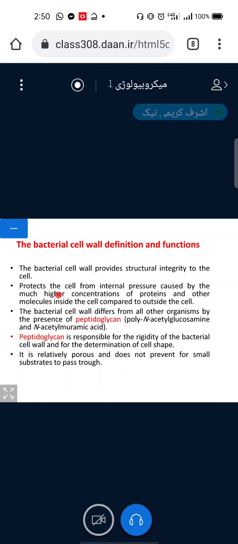The bacterial cell wall: definition and functions. The bacterial cell wall provides structural integrity to the cell.